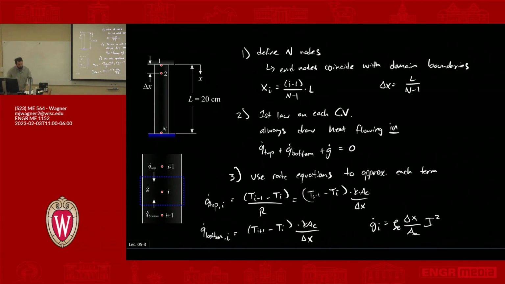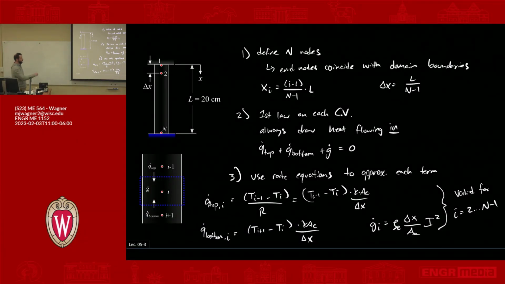Okay. This equation that I've written, what are these equations valid for? Which nodes are these equations valid for? Right. So that's going to be valid for I equals 2 up to n minus 1.